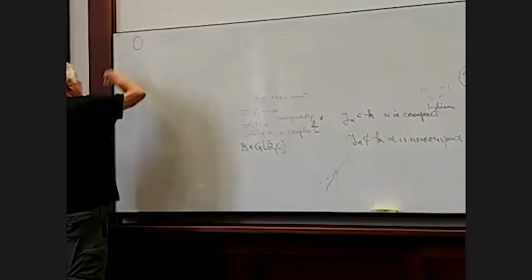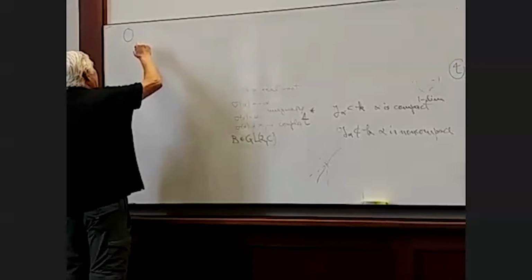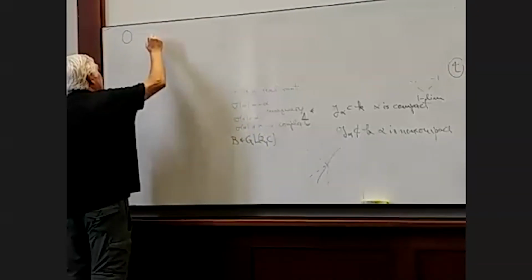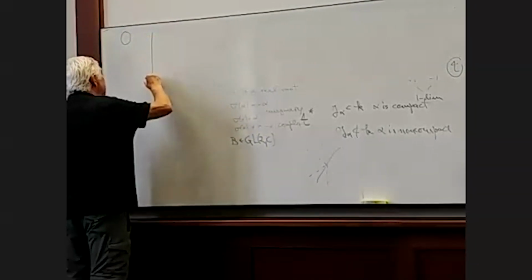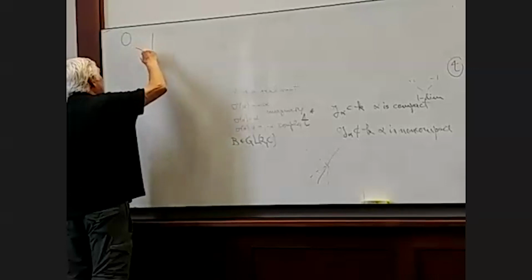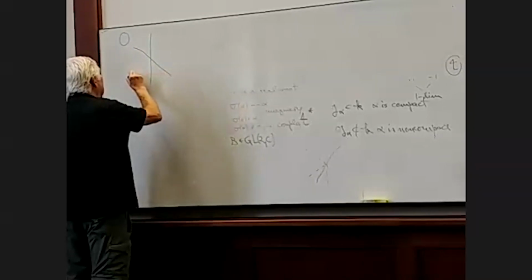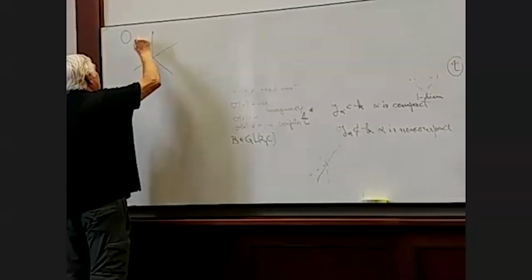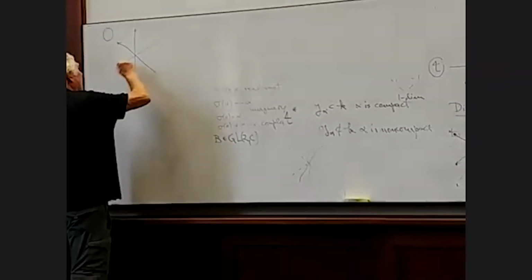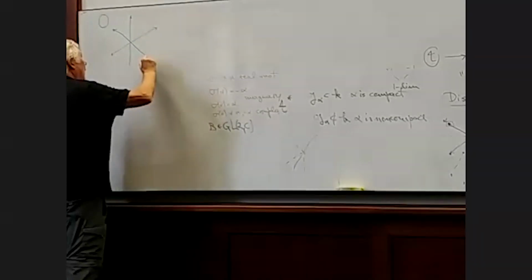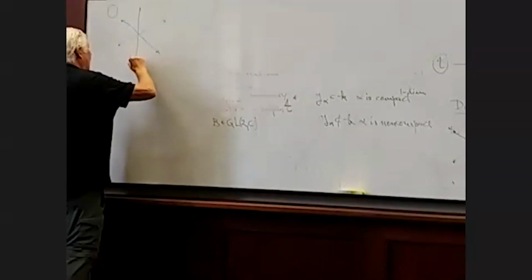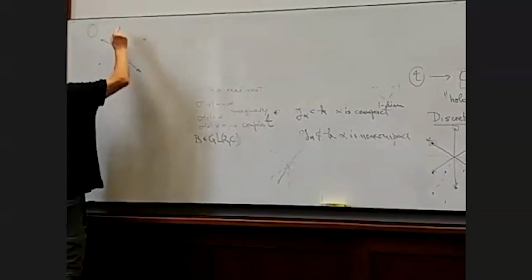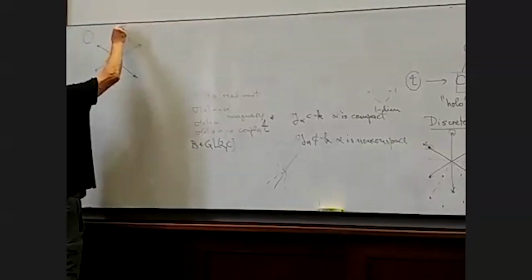So if I have an open orbit and I look at my roots, in this case this is a real root.